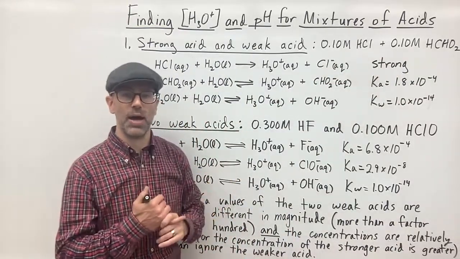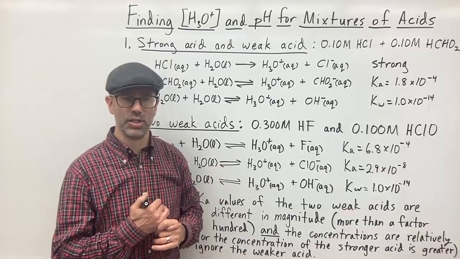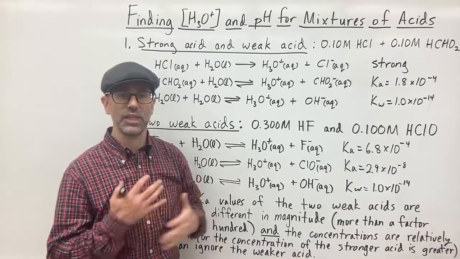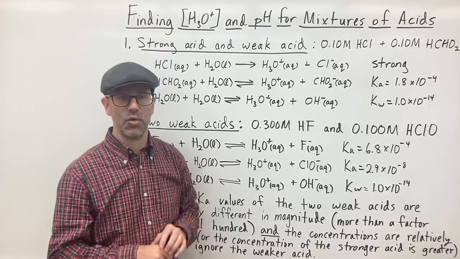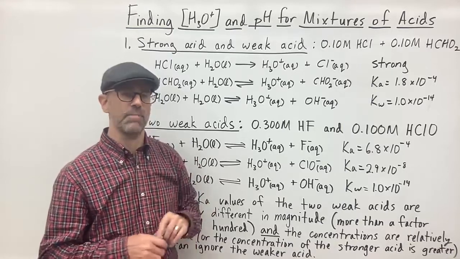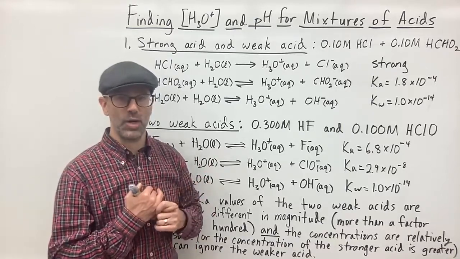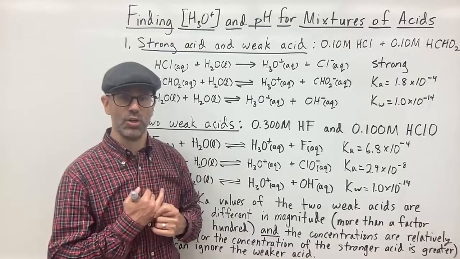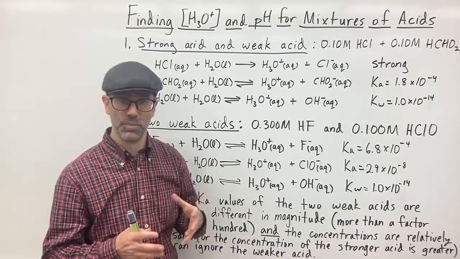When you're thinking about calculating the H plus concentration in your solution, remember that when we were dealing with just one acid, we also had the auto ionization of water to worry about, right?